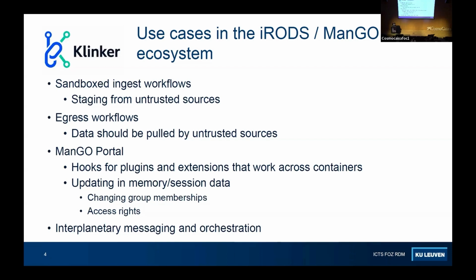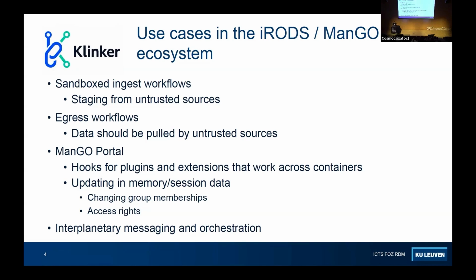So what kind of use cases does it cover? A lot. Some examples are sandboxed ingest workflows where you need to stage from untrusted sources, egress workflows, the opposite direction, where data could be pulled by untrusted sources. In the Mango portal, hooks for plugin extensions that work across containers.